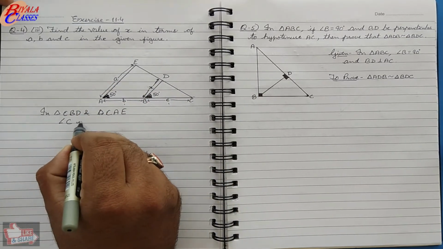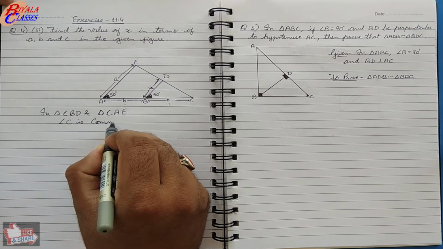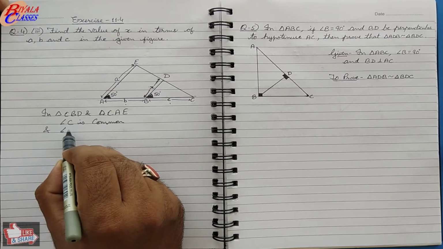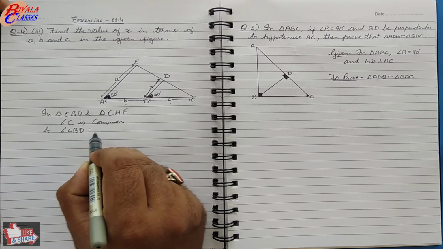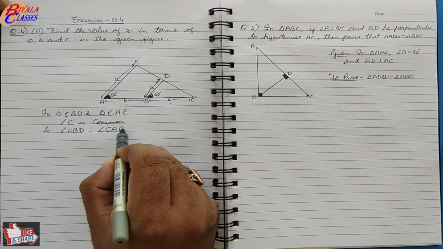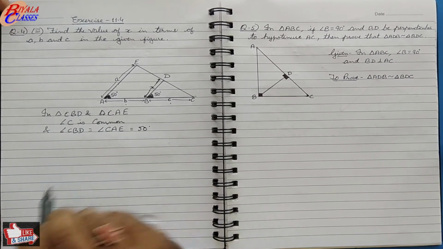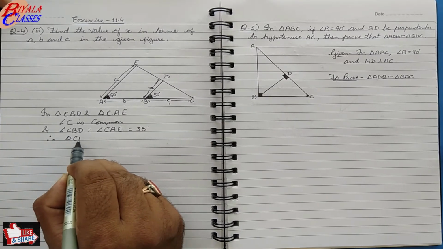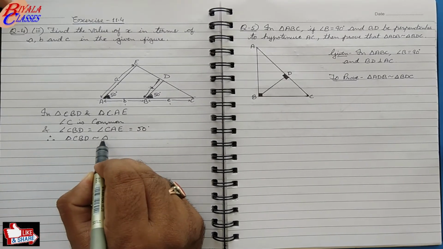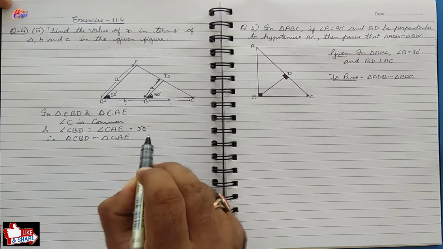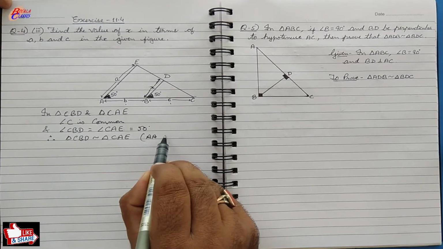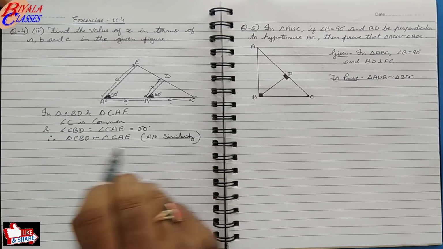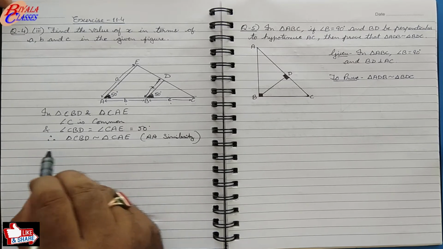Here angle C is common to both the triangles, and angle CBD is equal to angle CAE. They both are equal to 50 degrees. With this, triangle CBD will be similar to triangle CAE. This is again by AA similarity, because two angles are equal, hence the triangles are similar.